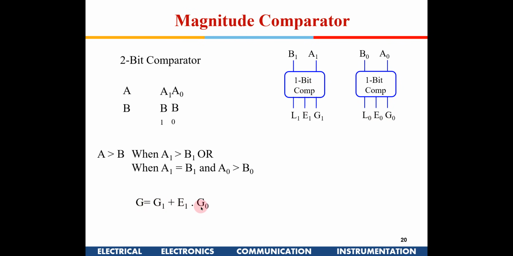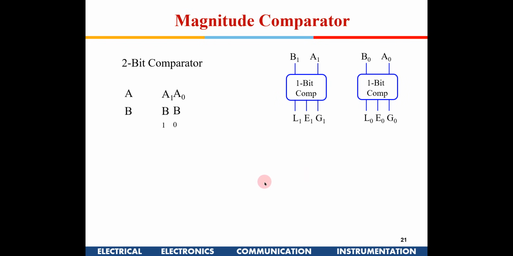Is this equation clear? It is again a simple equation. So I can have this greater signal generated like this: OR of G1, that is, if the significant bit is greater, then you don't even have to check the rest, you get greater. Or if this is equal, then you go to the lesser significant bit, and if it is greater there. So this is the circuit which can generate the greater signal.